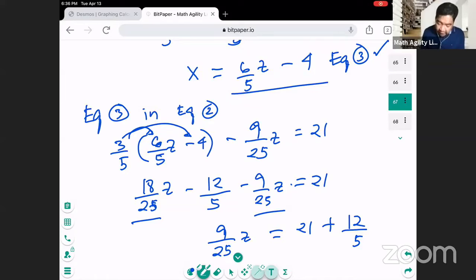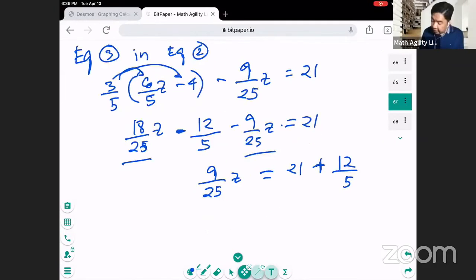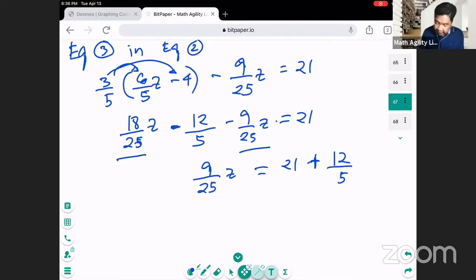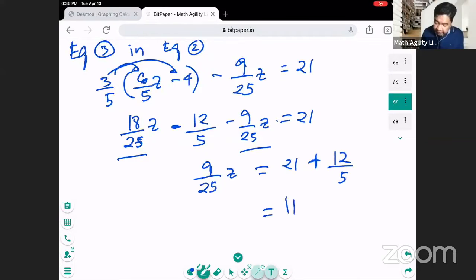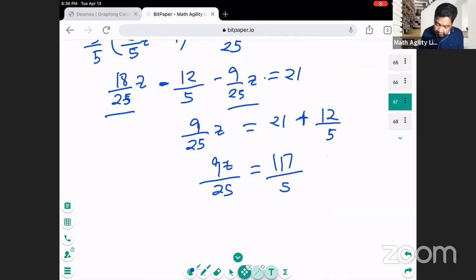So if you notice, this is negative and this becomes positive when I transposed it. Okay, so now let's combine these two. This would give us 117/5, and this would still be 9z/25. So we can do cross multiplication. So this would give z is equal to 65.